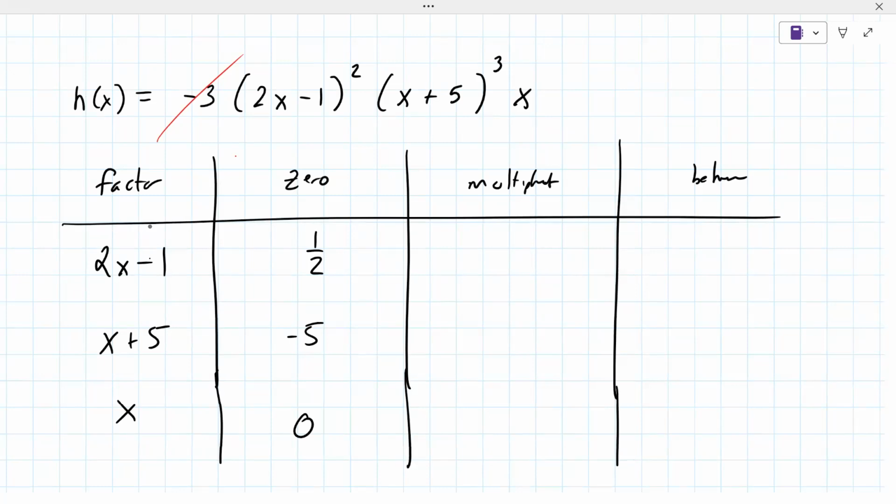And then we have 2, 3, and 1. And then finding out if it's a cross or a touch. You got it. So for the first one, touch, cross, and cross. Very good.